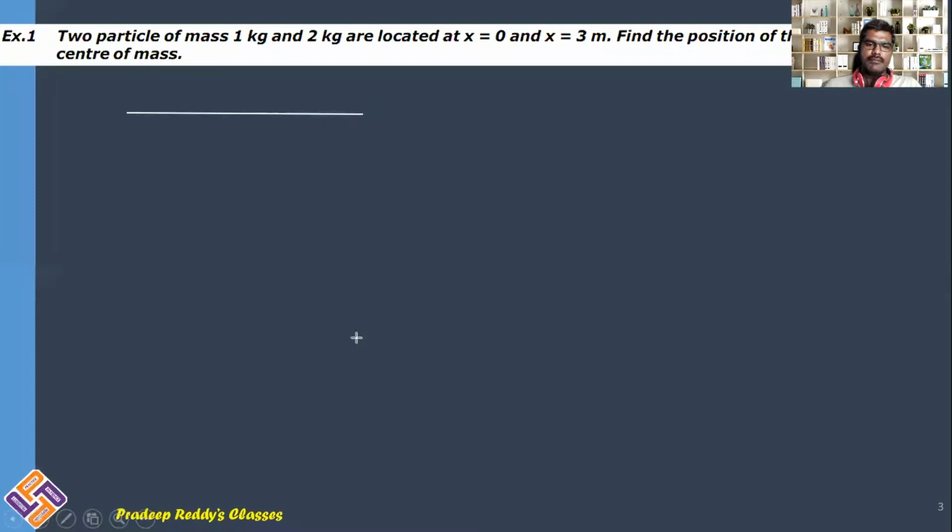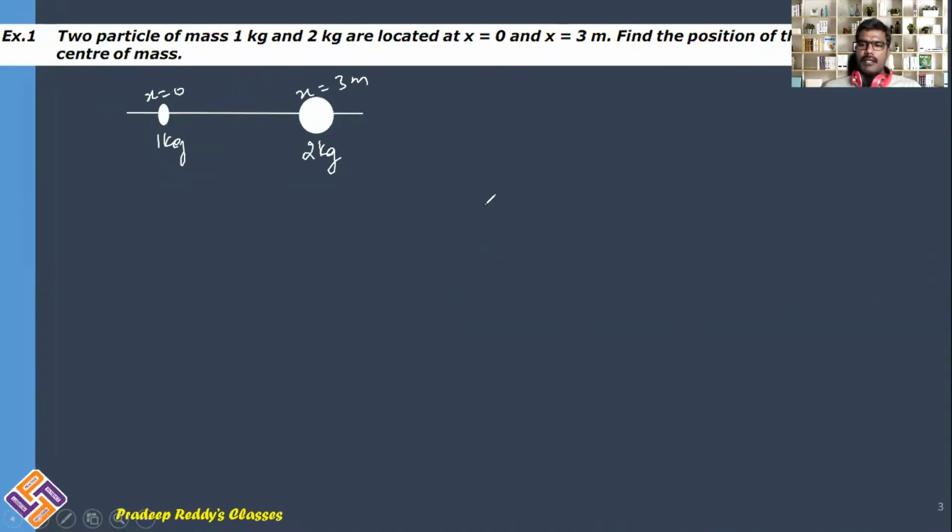Let me take this as the reference. This is the 1 kg mass and this is the 2 kg mass. The first mass is located at x equals 0, and the second mass is located at x equals 3 meter.